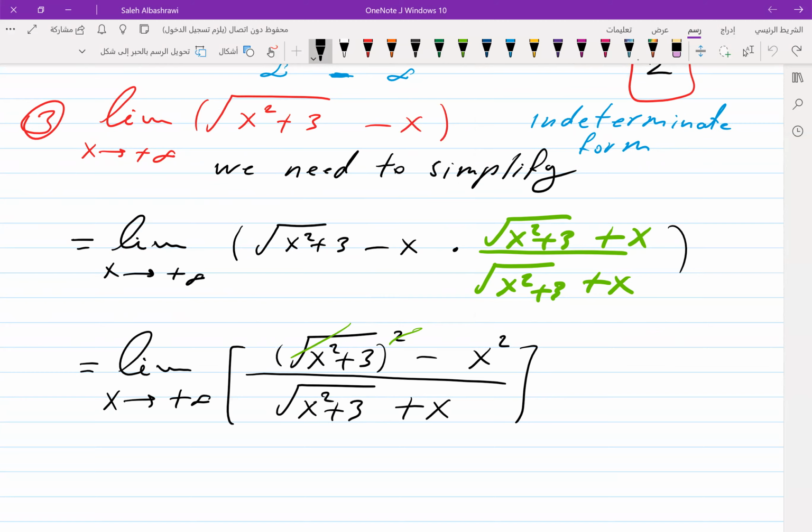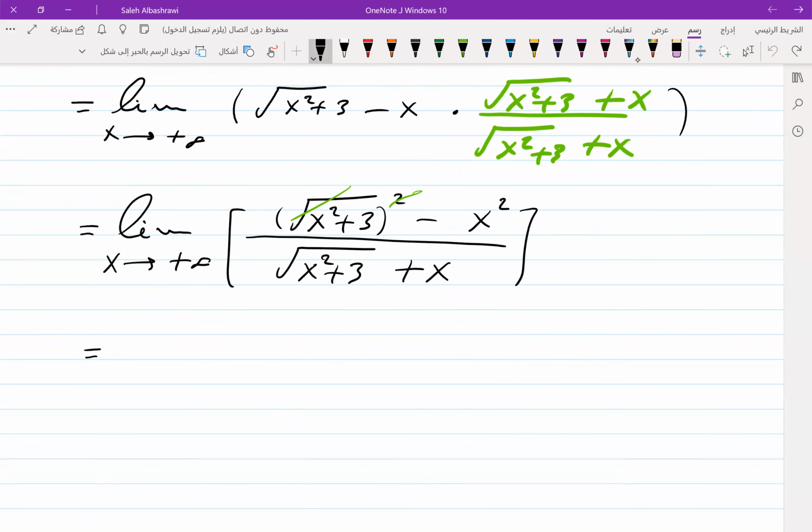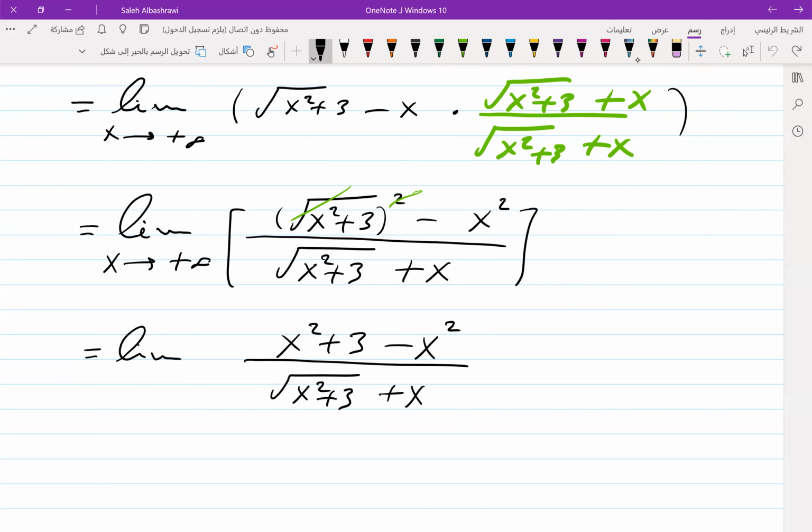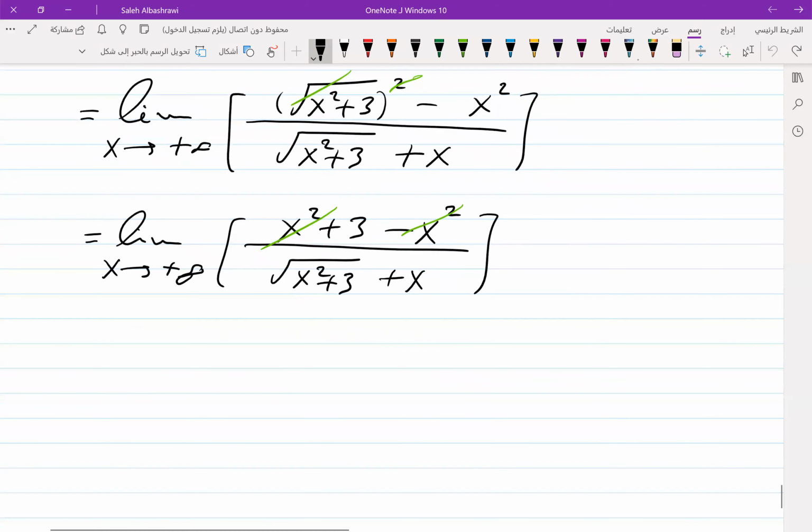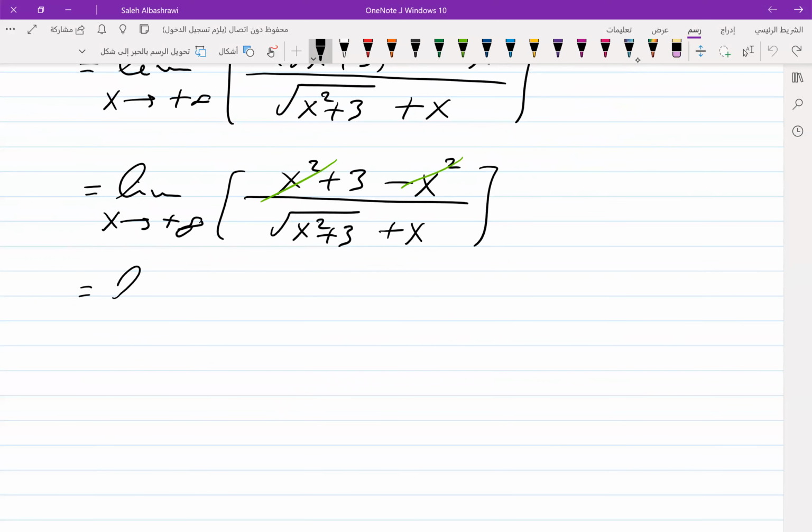Then I will have the limit of x squared plus 3 minus x squared divided by square root of x squared plus 3 plus x. And x squared will cancel x squared. I will have 3 for the numerator. So this is equal to the limit of 3.